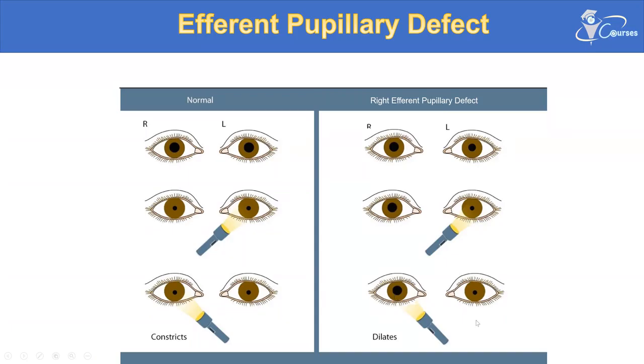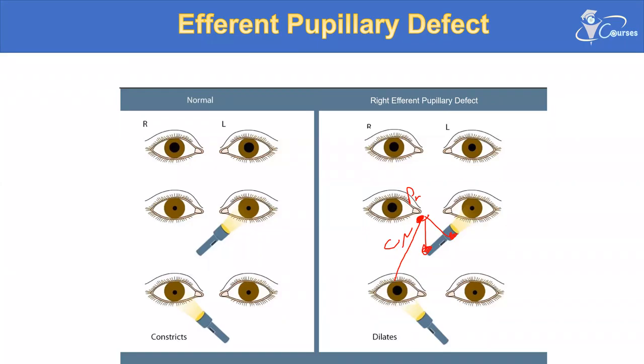The strange thing here is that the left eye is constricted. Why is the left eye constricted when we are shining the light into the right eye? Because here the patient has a problem in the efferent pathway, not the afferent. So the patient has a normal optic nerve, and this optic nerve reaches the pretectal nucleus, and the pretectal nucleus sends the impulses to the Edinger-Westphal nucleus on both sides.